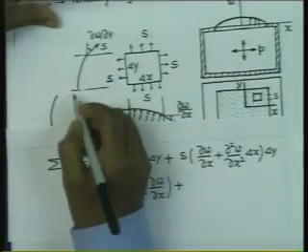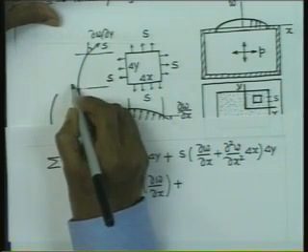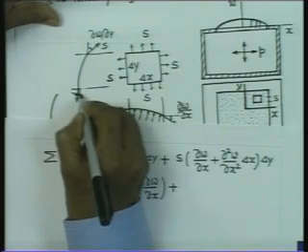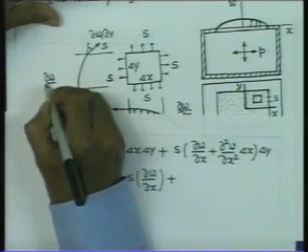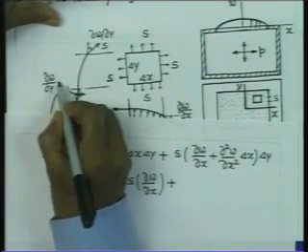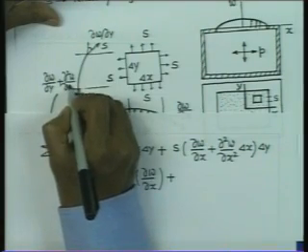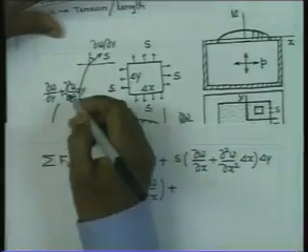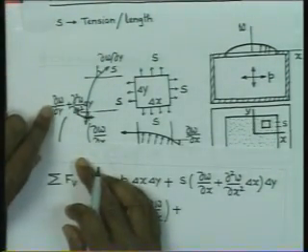delta y, and the angle here, this angle is going to be ∂w/∂y plus ∂²w/∂y² into delta y. I am sorry that this has become a little complicated.